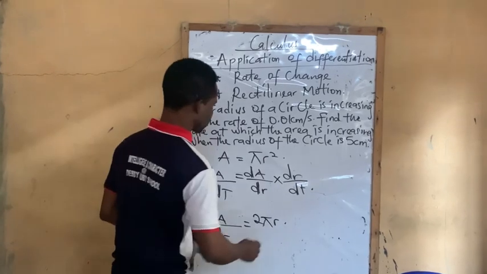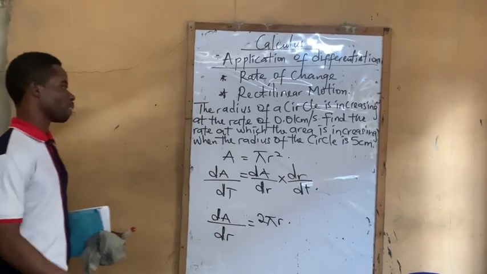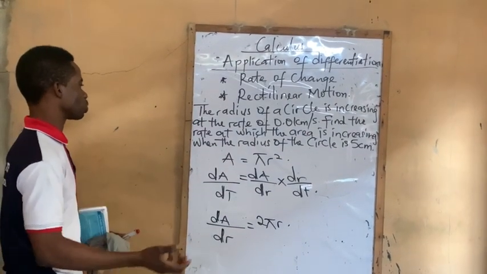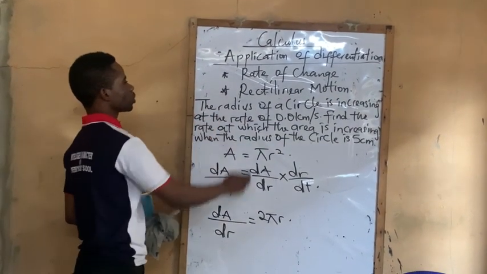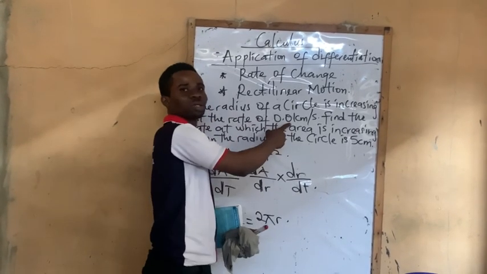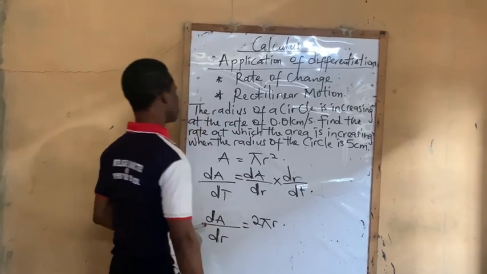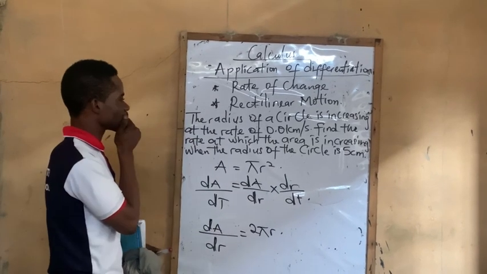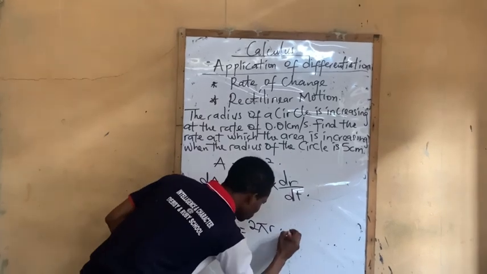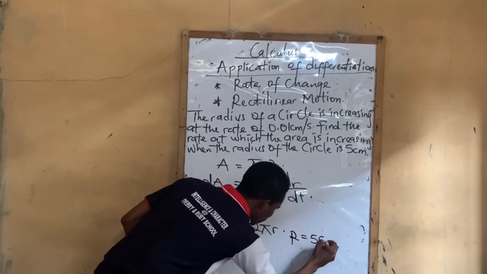So I need to get the dr over dt. And actually, what did they ask us to find? They said the radius of a circle is increasing at the rate of this. Find the rate at which the area is increasing when the radius of the circle is 5 centimeters. That means our radius is 5 centimeters.